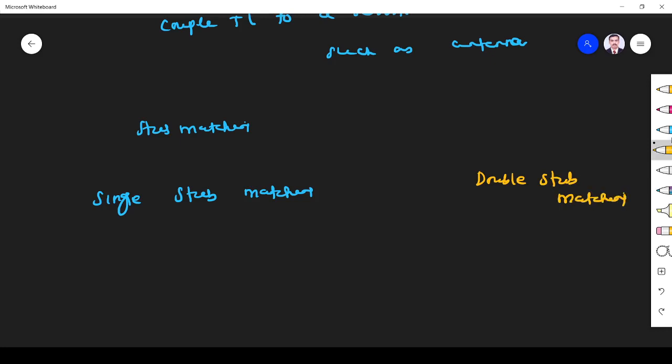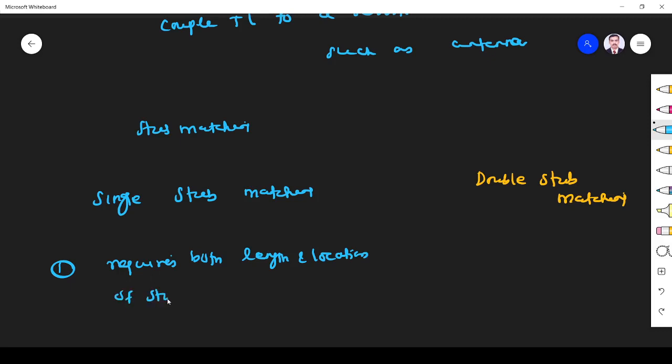In single stub matching, what are the things we have to remember? It requires both length and location, which is a very, very important point.